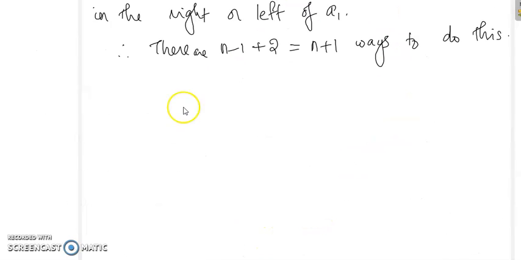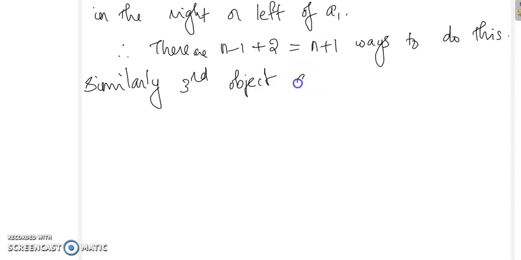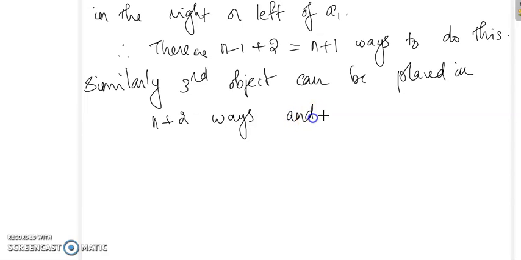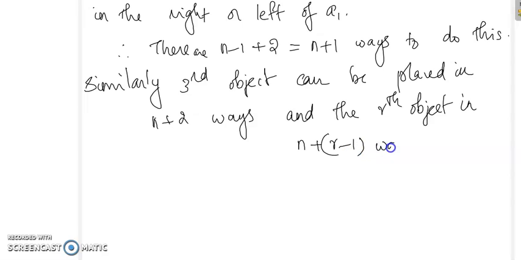So similarly, the third object can be placed in n plus 2 ways, and the rth object can be placed in n plus r minus 1 ways.